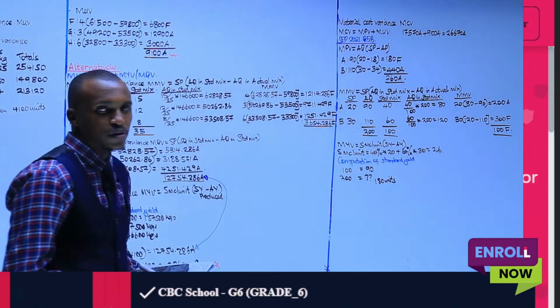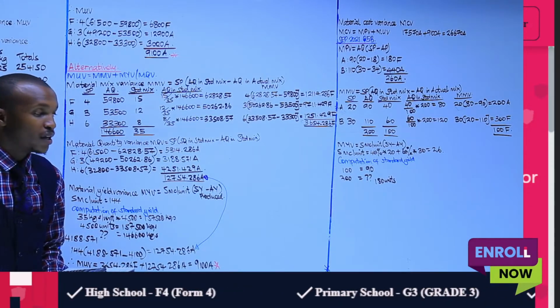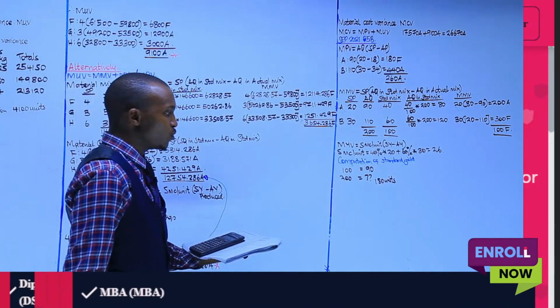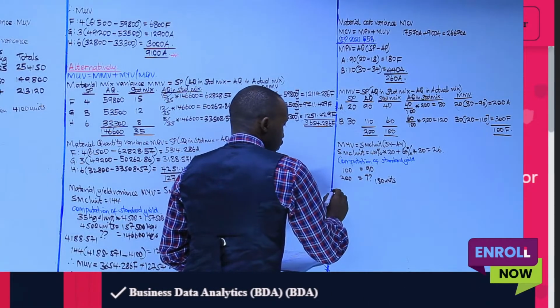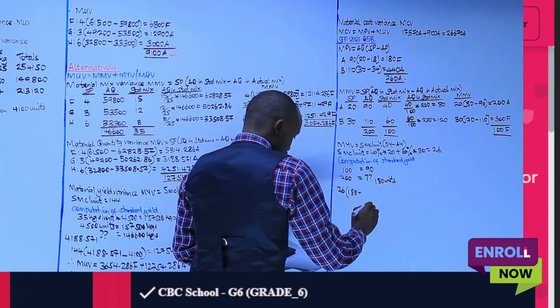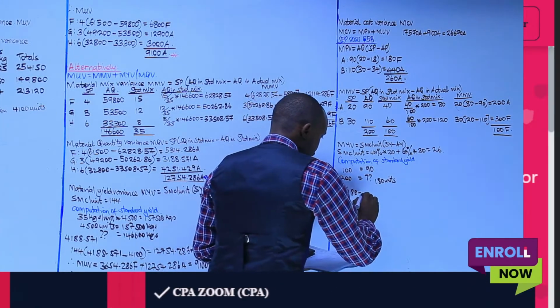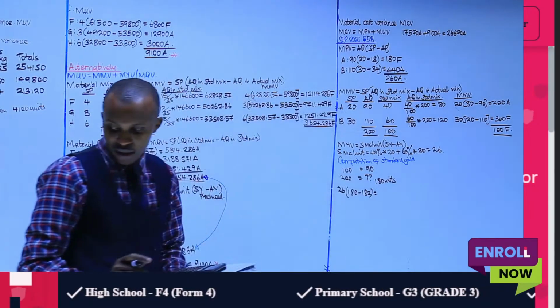If you are to use the material in the same way you budgeted, you should have produced 180 units. So your yield variance will be 26 times 180 minus an actual yield of 182. Your actual yield is 182.